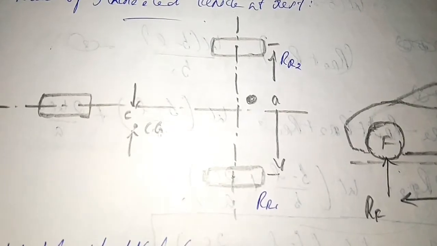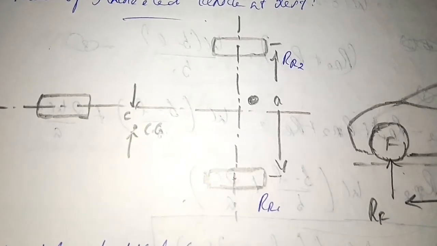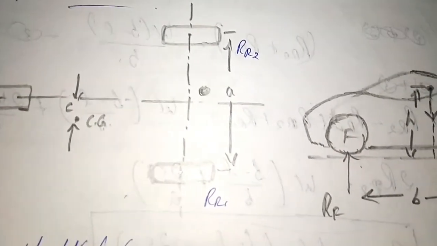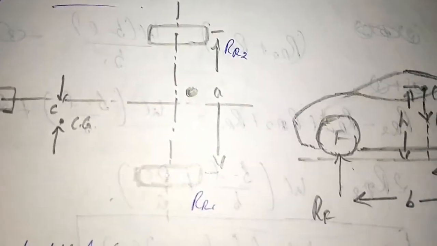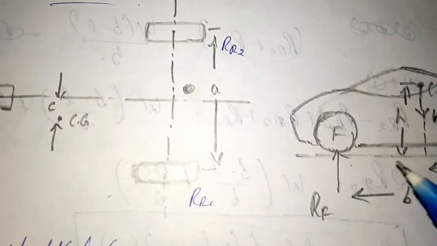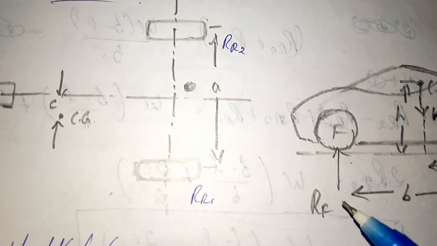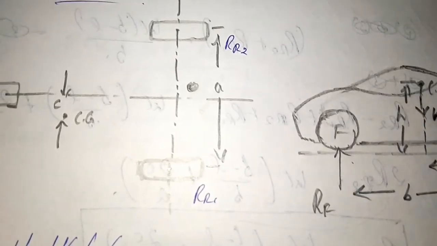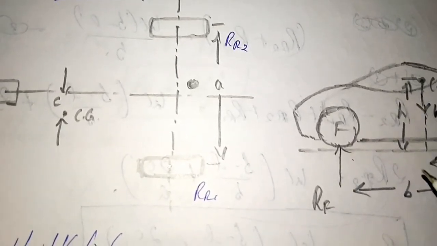For that we have to commence by taking moments with respect to the rear axle of the vehicle. As you can see here it is the rear axle, and we are taking the clockwise moments as positive and the counterclockwise moments as negative.